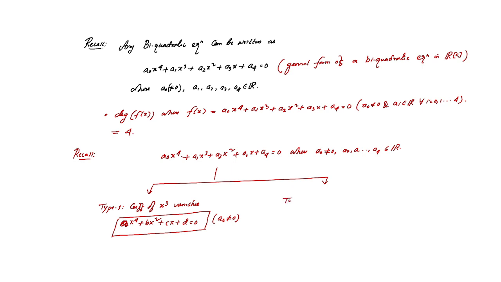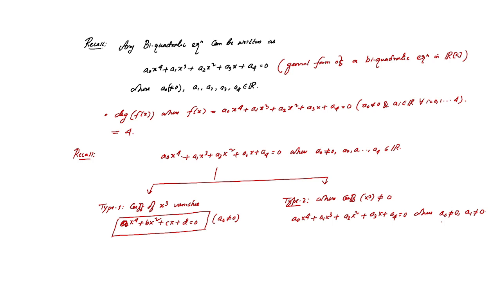Now another type we will consider here. This is type 2, where the coefficient of x cube does not vanish, so the coefficient of x cube is non-zero. In that case, it looks like a0 x to the power 4 plus a1 x cube plus a2 x square plus a3x plus a4 equals to 0, where a0, a1, a2, a3 are all real numbers, a0 is non-zero as well as a1 is non-zero.